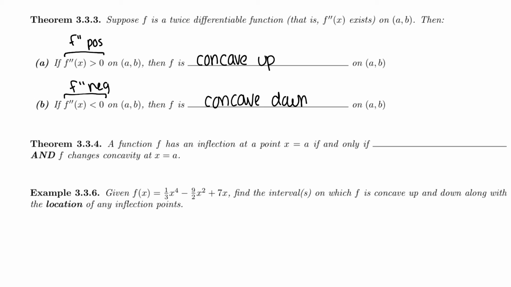Then we have an inflection point if two things happen. One, you need f of a to exist, so you have to exist at that point. You can't have an asymptote. The x value has to be in the domain. And f changes concavity at x equals a. So you have to change from concave up to concave down or concave down to concave up.